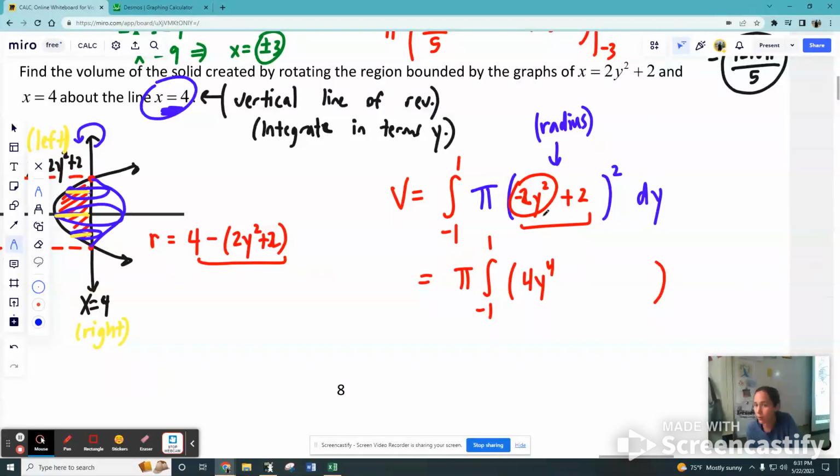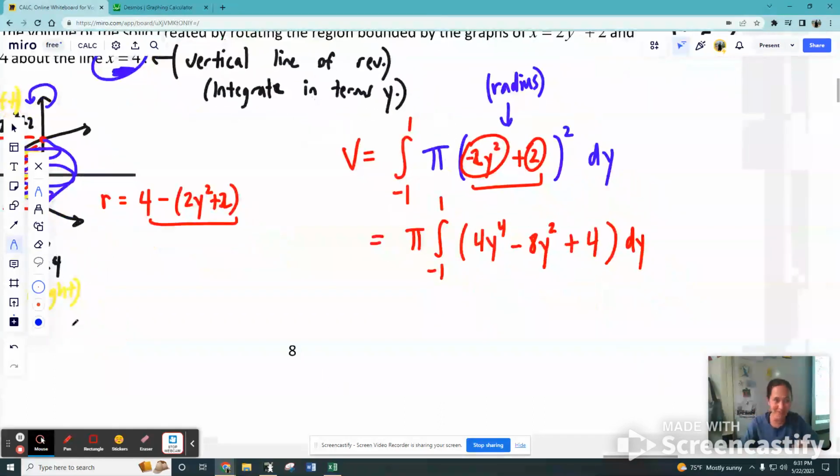We want to do double the product of the two, so minus, this would have been 4y squared if we multiplied these, so we'll make it minus 8y squared. And the last term should be just 2 squared, should just be 4 that we want to integrate. So again, that was a little bit too quick. Take that slowly so you can be really careful with those terms, and let's integrate.